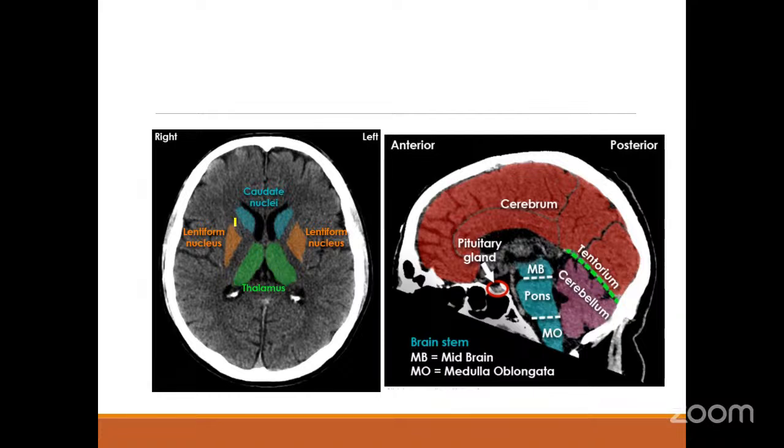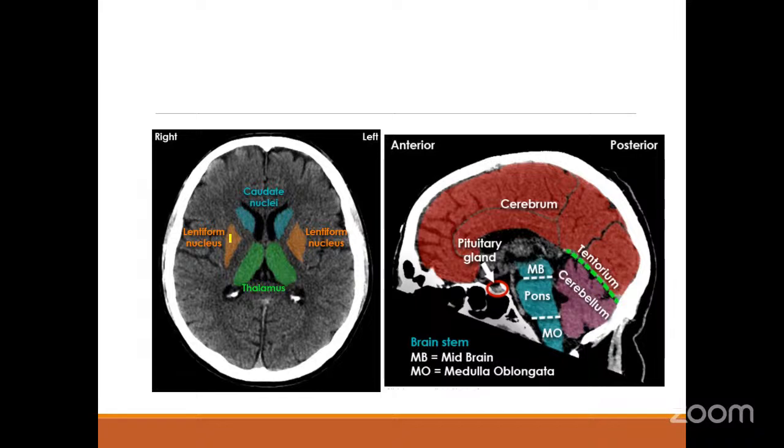The area between, if you can follow my mouse tracker, the area which traverses between the caudate and lentiform nuclei anteriorly, and the lentiform nucleus and the thalamus posteriorly, is called the internal capsule. It has bundles of motor fibers which, while crossing over to the opposite side, form a capsule-like or barrier-like structure called the internal capsule.